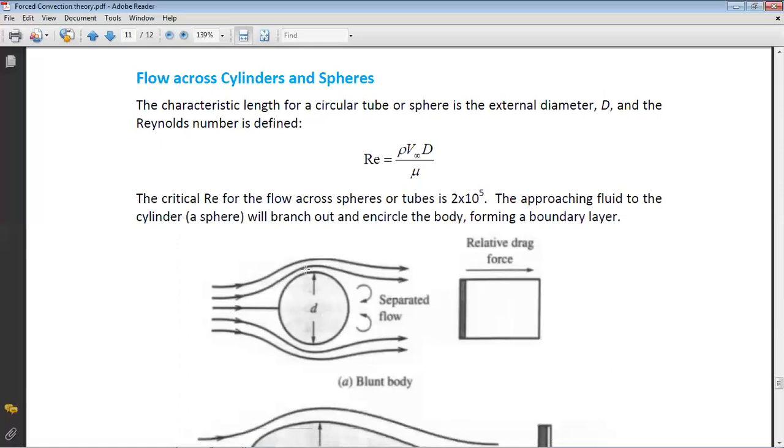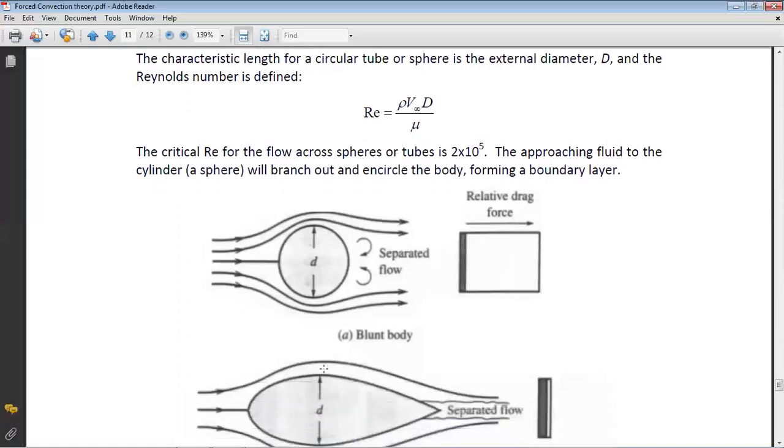If it is turbulent, it will detach from the surface much earlier. As a result, you will have a separated flow which will create the formation of a wake, and it will increase the adverse pressure. As a result, the drag coefficient will increase.